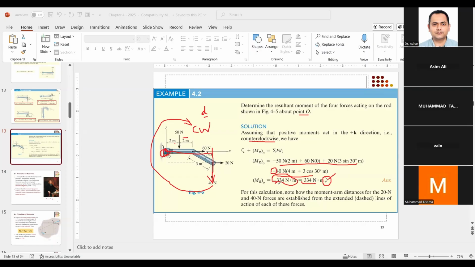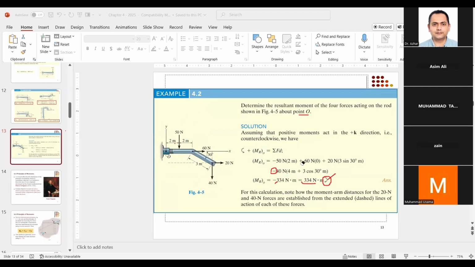It's just that you decide once and then keep following it. You will see that somewhere we may use clockwise positive. So your understanding should be independent of the sign. I think mostly the book will use counterclockwise positive. But again, I would say do not get trapped in the sign convention. Focus on the concept.